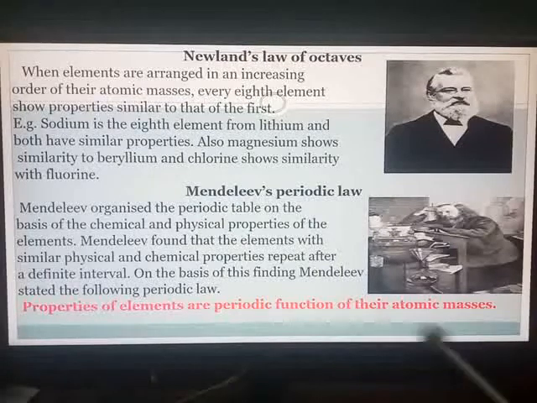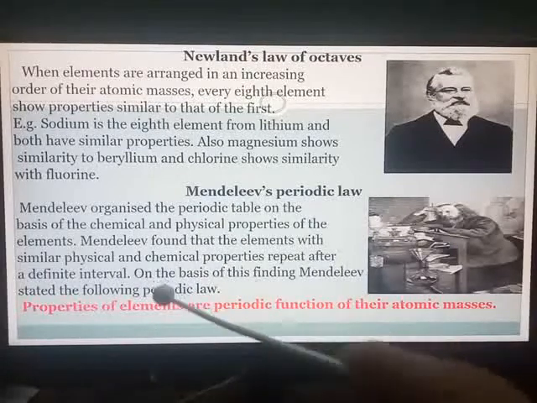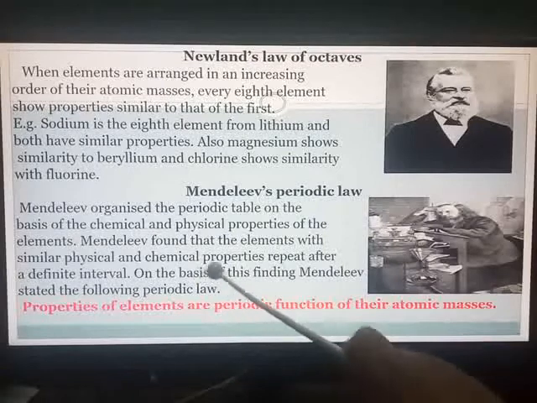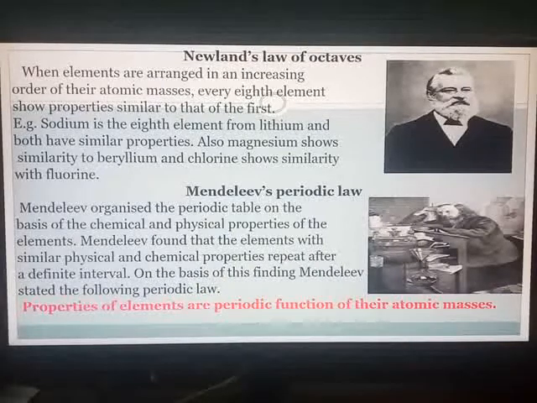What he found? He found that the elements with similar physical and chemical properties repeat after a definite interval, and on the basis of this finding, he stated his periodic law, which states that properties of elements are a periodic function of their atomic masses. He was a very successful scientist.